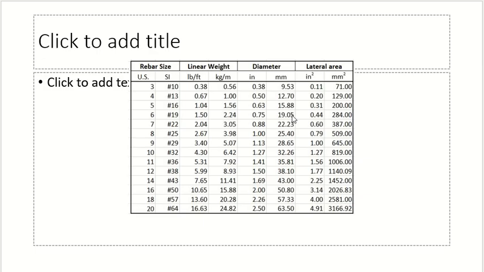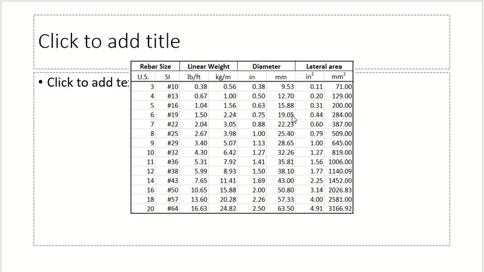Okay, so what we will do is we will calculate per meter for each of these bars using the area. Okay, so for number 8, how much? This multiplied by pi r square.